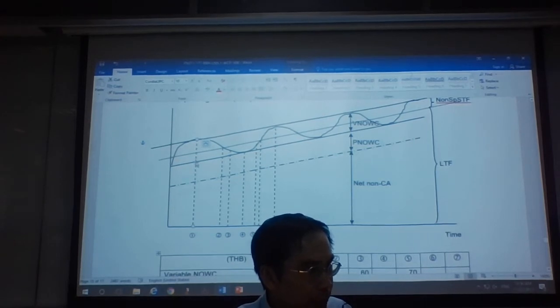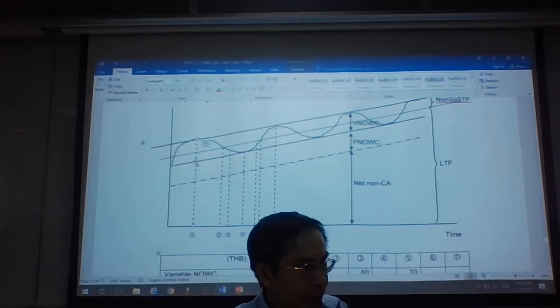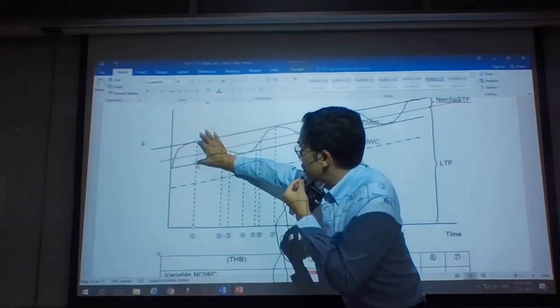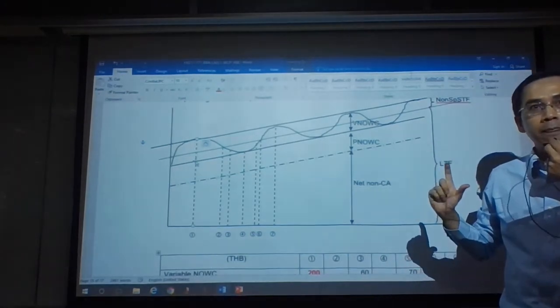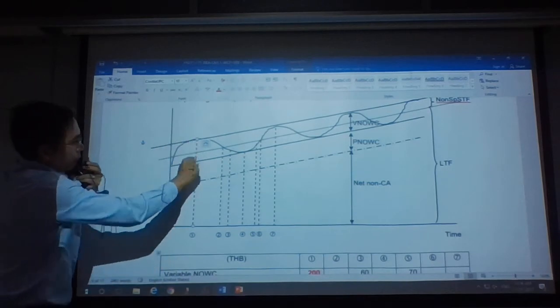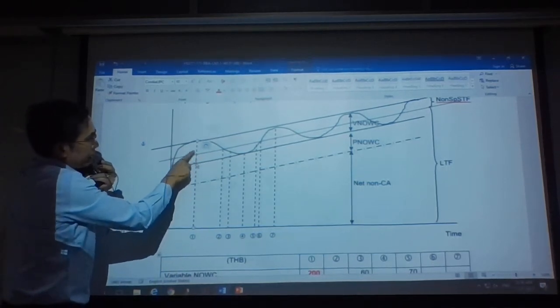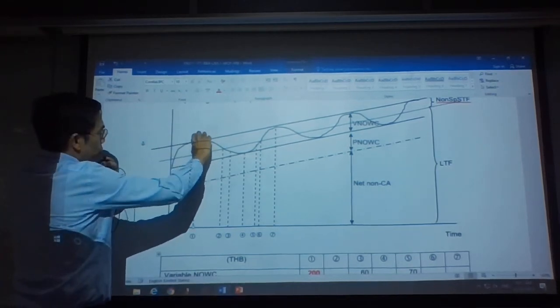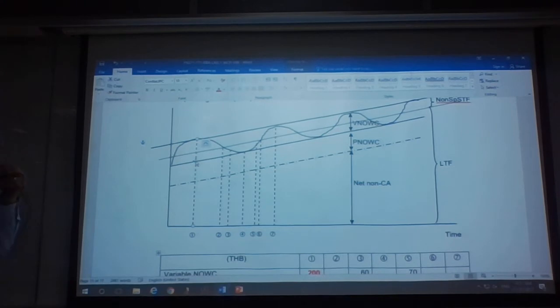And then from this point up to the top here, this is your variable net operating working capital. So the amount here is equal to 200. Okay. Of course, the graph is not drawn to scale. From this point to this point, you may assume that it is 150, and the rest is equal to 50.